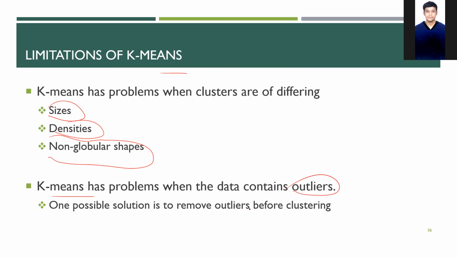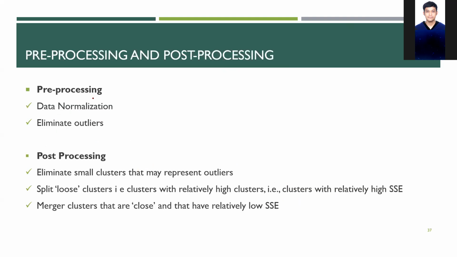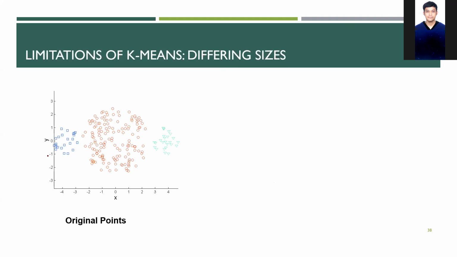Okay, so let's start with the first one, different sizes. Like this, for example, the sizes of the clusters are different. This is the first cluster, a small cluster. This is the second cluster, a big cluster.